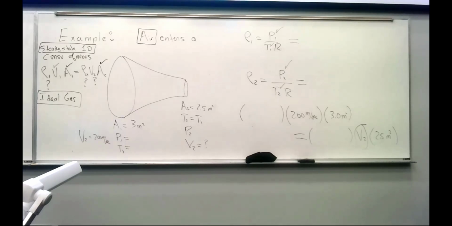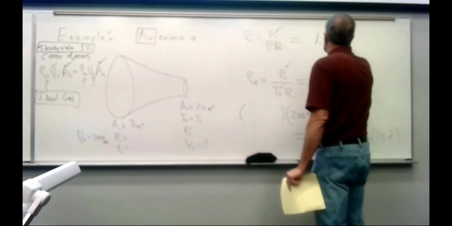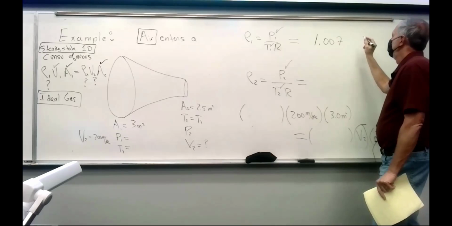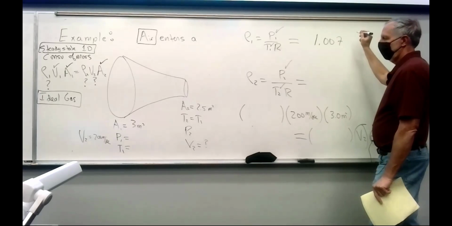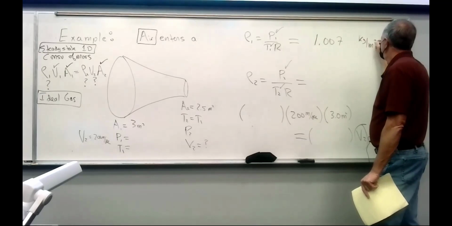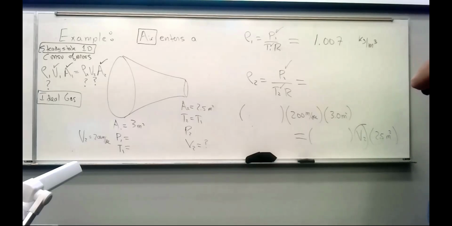Does somebody have a number for me? What's density? Rho 1. Is there an exponent on it, or is that it? And the units are, okay, somebody have this one? Somebody different? You guys are all doing this, I hope. Rho 2? Yeah.